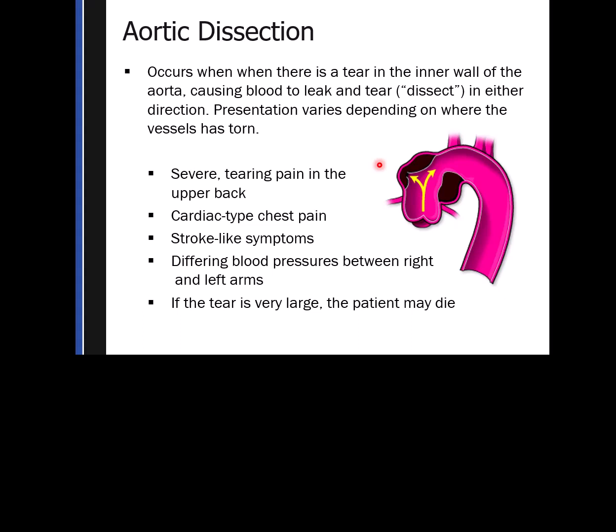Sometimes we call an abdominal aneurysm a triple A, abdominal aortic aneurysm, triple A. You check our blood pressures, and you will have a normal blood pressure over here, and then you will either have a higher or a lower blood pressure in the other arm. Drastically different. When you check blood pressures, they should be relatively the same. They won't be exact, but they should be relatively the same.